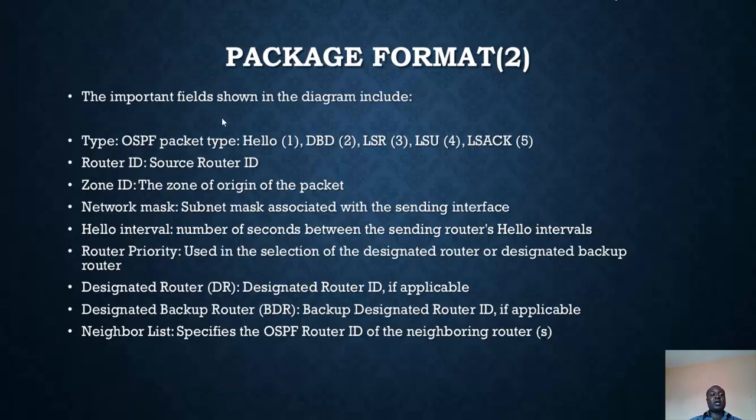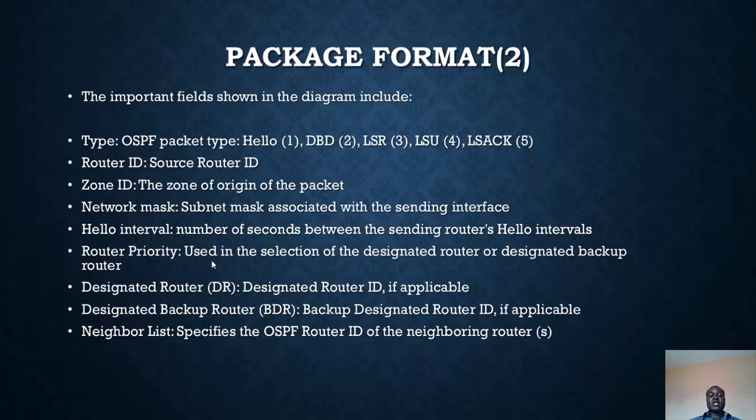All right, right now let us describe the content of those packets. The important fields shown in the diagram include the type of Open Shortest Path First packet: Hello 1, DBD 2, LSR 3, LSU 4, LSAck 5. The router ID is the source router ID, the area of origin of the packet, the network mask, the subnet mask associated with the sending interface, and the Hello interval, the number of seconds between the sender router's Hellos.